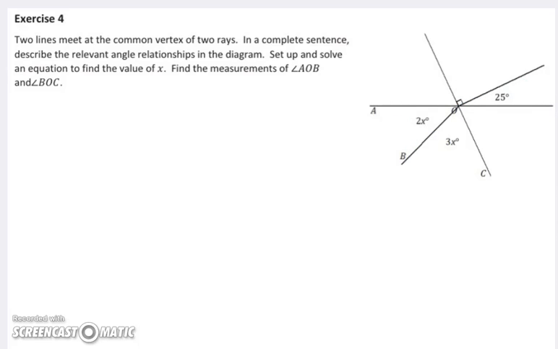But there are vertical angles. I wonder if you can see it. Vertical to its opposite angle here. Those are vertical angles.